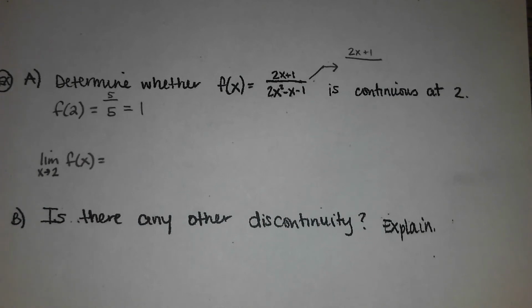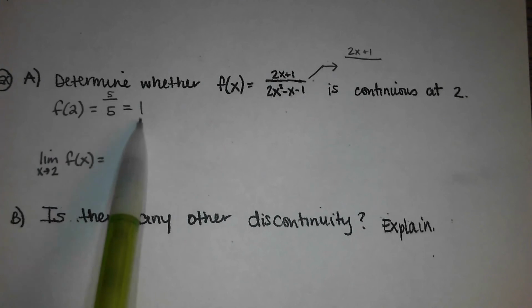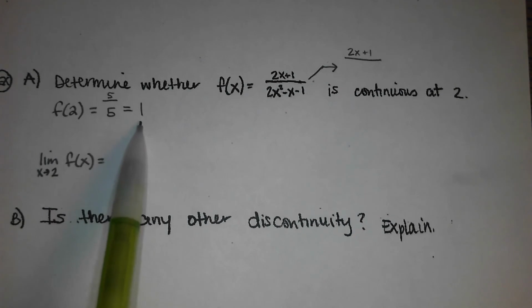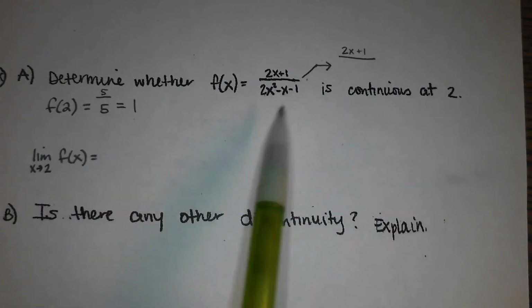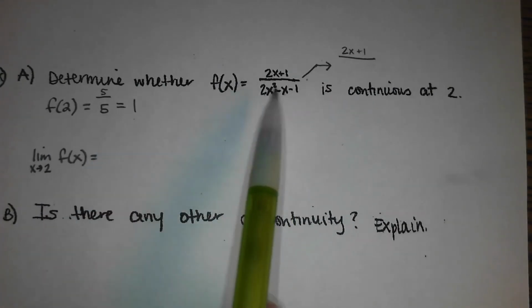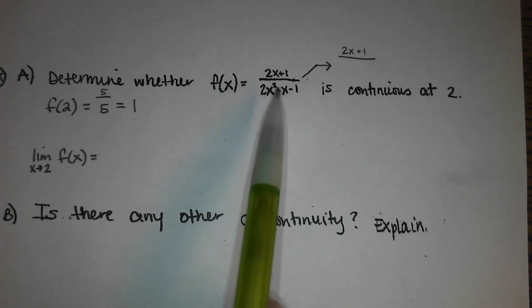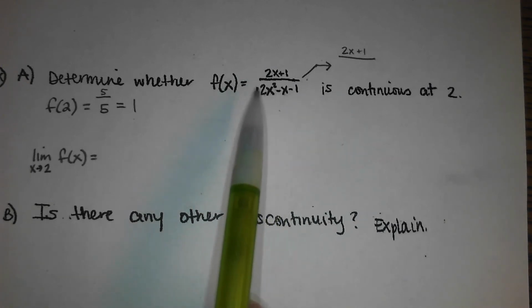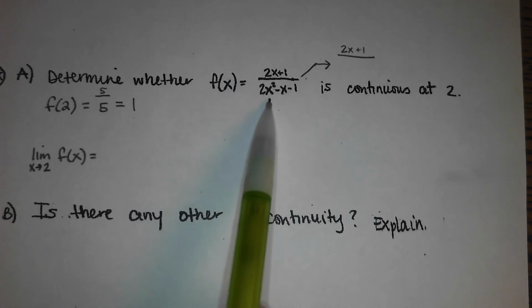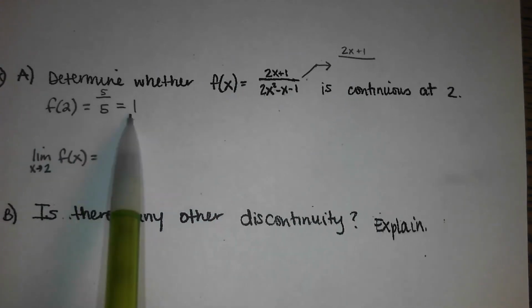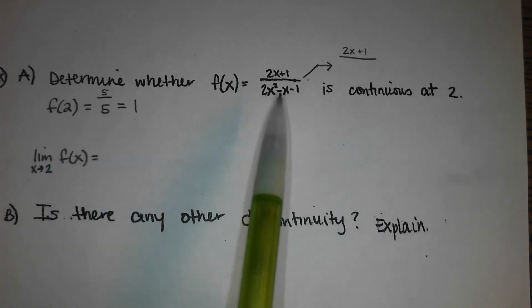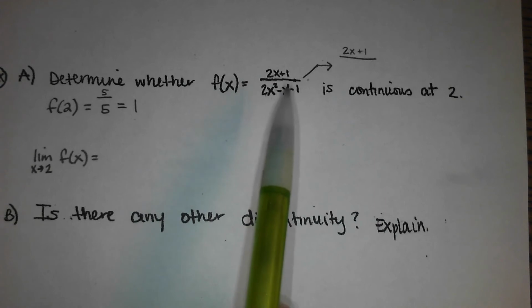Is it an asymptote though? Can't be, even without doing it. If the function value existed, then there's no way it can be an asymptote either. And I don't have any other reason to believe that the limit wouldn't exist and why this wouldn't be continuous everywhere but at the vertical asymptotes, of which 2 is not one, right? Just knowing some basic things about the features of a rational.